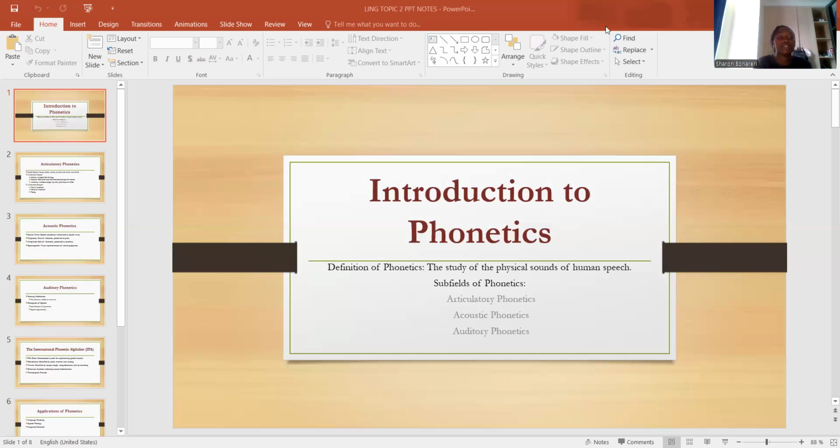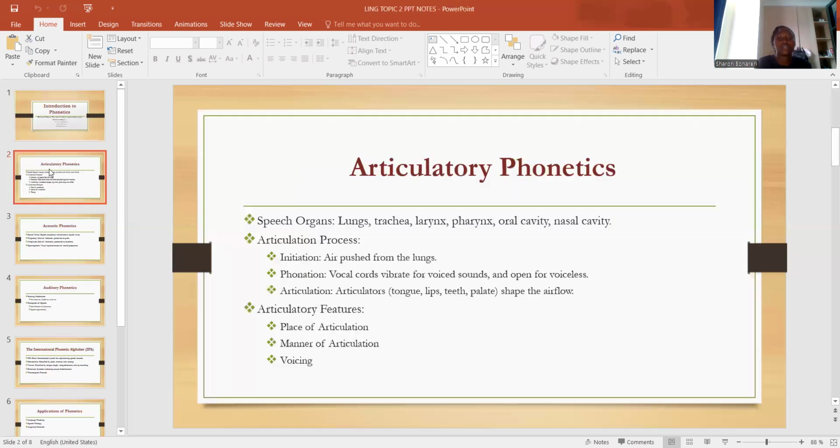Then we go to the first subfield, articulatory phonetics. In this subfield, we'll look at speech organs, articulation process, and articulatory features.